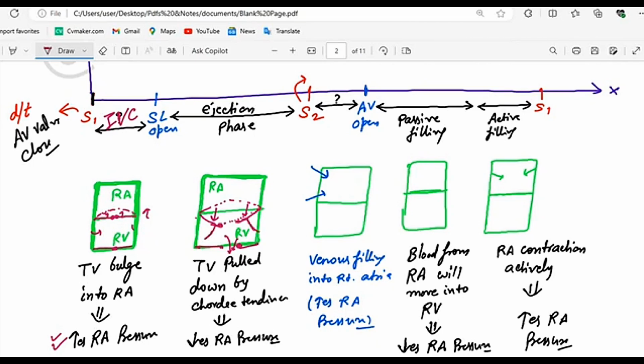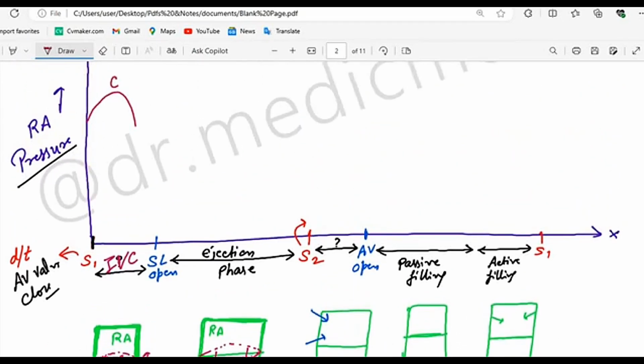These valves are attached with the chorda tendineae of the ventricle, so the tricuspid valve will be pulled down by the chorda tendineae, due to which the right atrium will relax and the right atrium pressure will decrease. The semilunar valve is open, so we call this phase the ejection phase. We see a decrease in the right atrium pressure, and we call this wave the X descent wave.